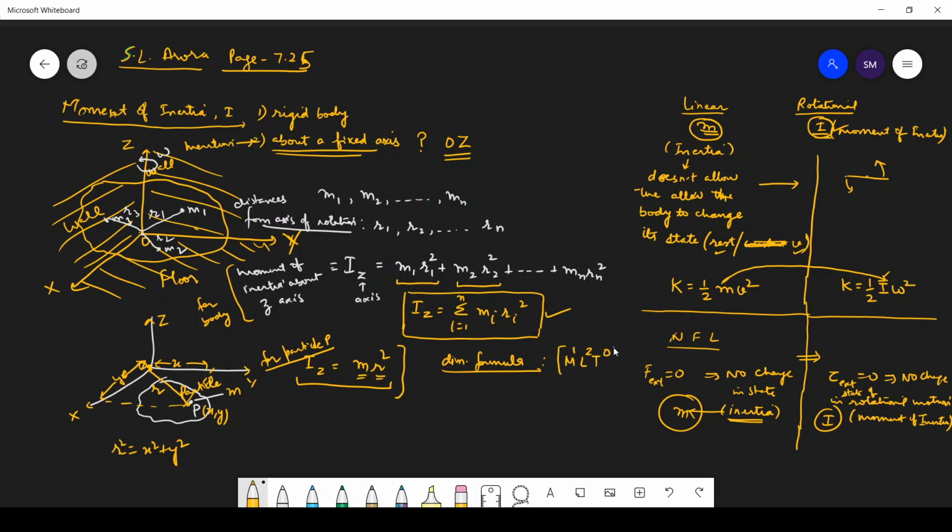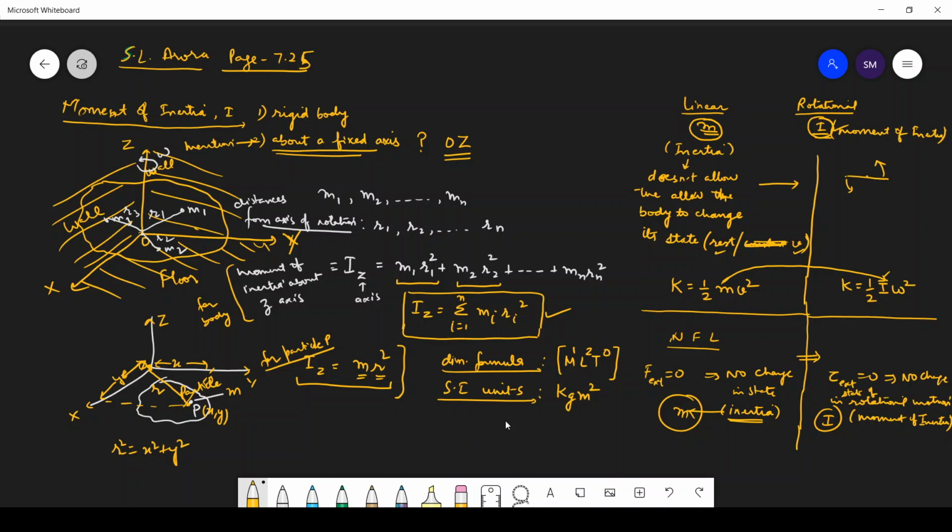So that's the dimensional formula of moment of inertia. What are its SI units? SI unit of mass is kilogram, and for distance it's meter. So kilogram meter square.